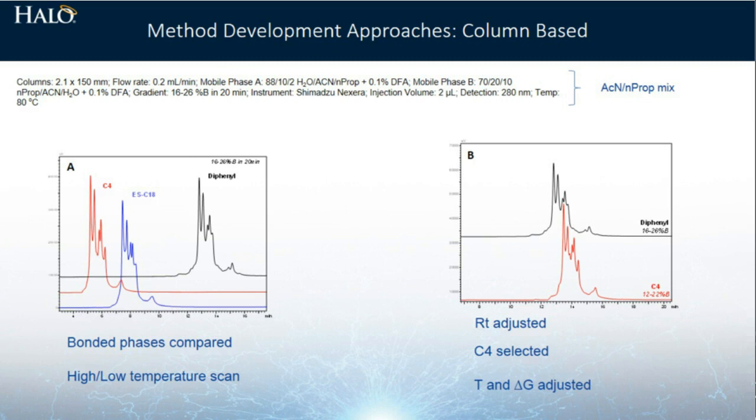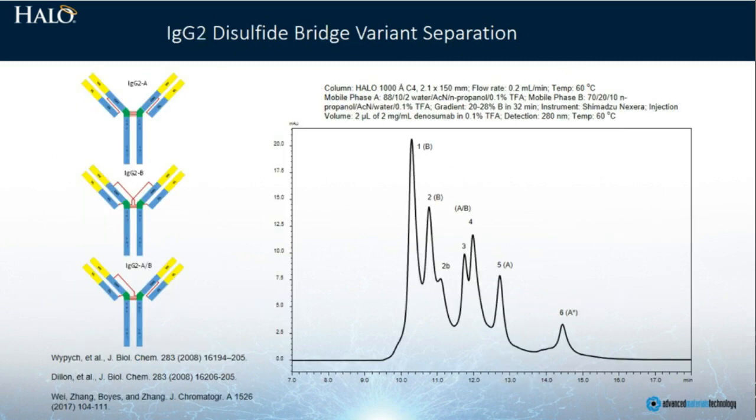And then we optimized for temperature and gradient slope. Under those conditions, we're able to pull that rather complex mixture apart effectively. For those who are interested in the interconversions of IgG2, there are a number of references shown here. If you contact us, we'll point you to the literature on that if you have further interest.